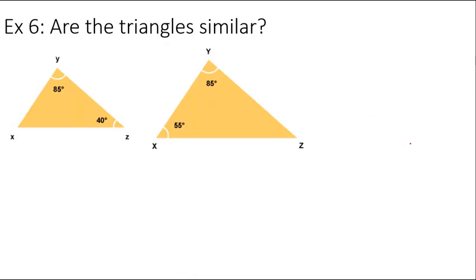Okay, next one. Are the triangles similar? So what we're looking for is the missing angles here. So this angle right here, when we find it, we just take 85 plus 40, and that gives us 125.